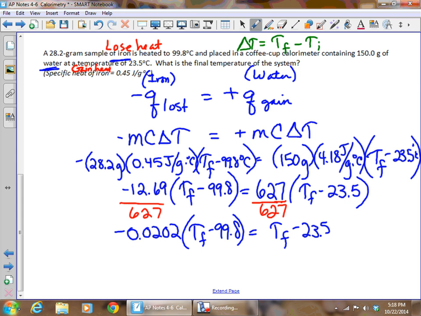So now I'm going to add 23.5 to both sides. I'm sorry, the first thing I'm going to do is to multiply through.